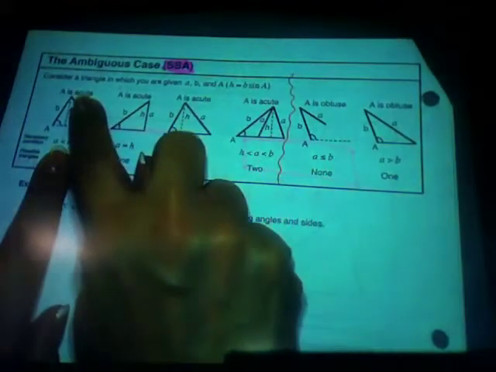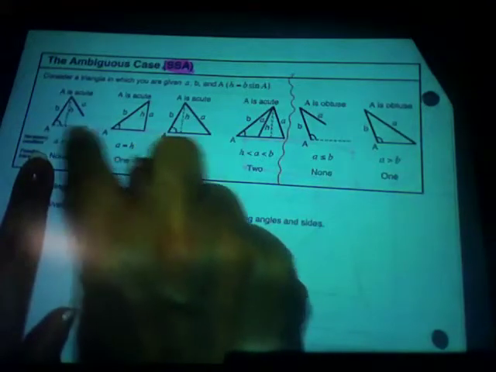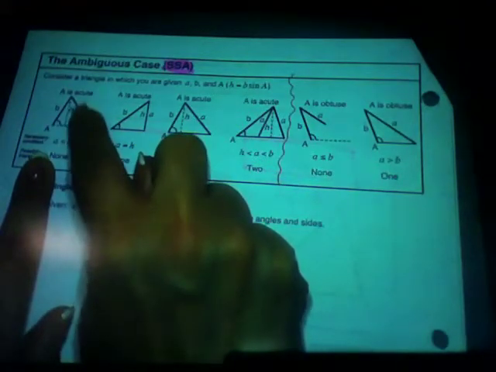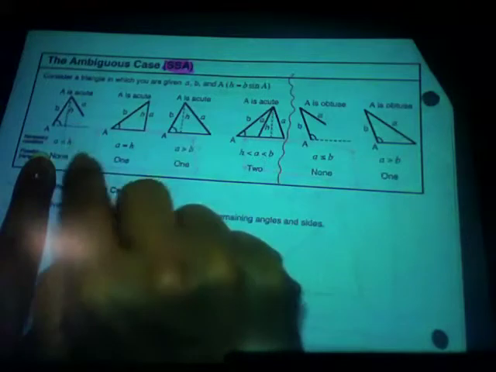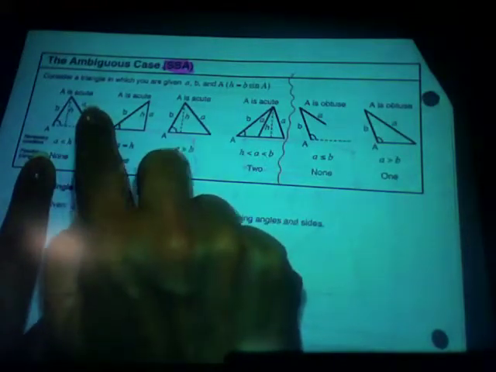We could have a triangle where, look at this one, h is the altitude coming from the two sides that you have, going to the side that would be here if we were to create that missing side that we don't have. So this would be your altitude. If the length of this side is less than the altitude, is there any way for this to even make a triangle at all?